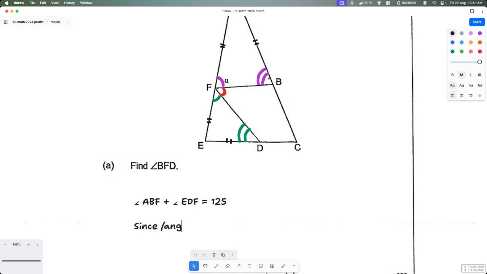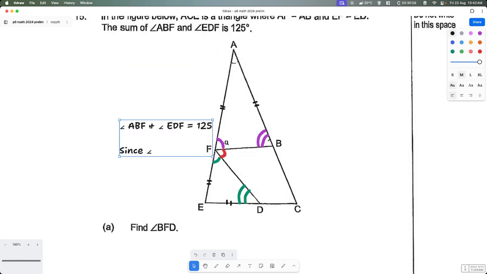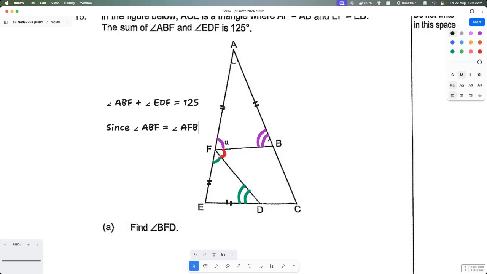Since angle ABF is equal to angle AFB, and angle EDF is equal to angle DFE, that means angle DFE, the single green, plus angle AFB, the single purple, is equal to 125 degrees as well.